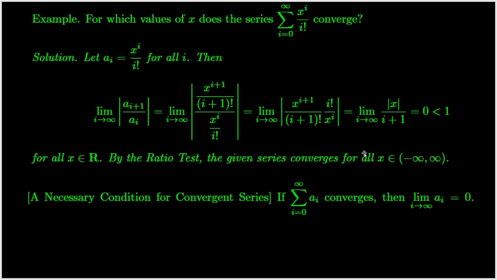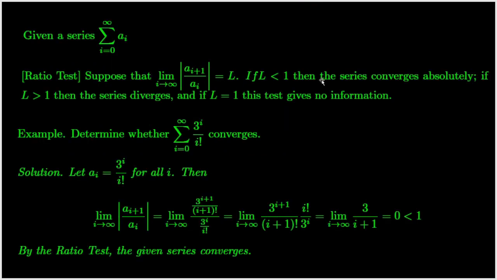I will show you one more question using the ratio test. So this time you have a variable in here. Now the question is, for which values of x does the series converge? The same idea. In the question we just did, we had a particular case of this question when the x value is 3.